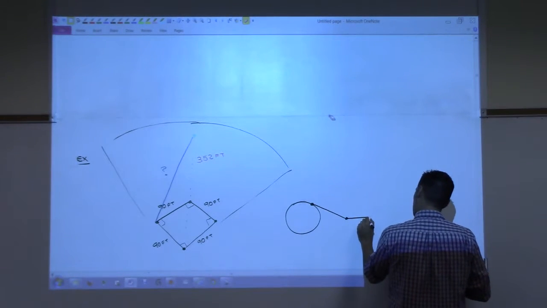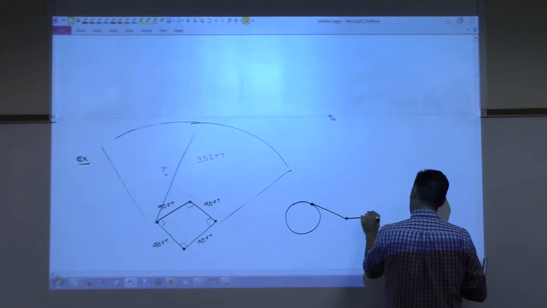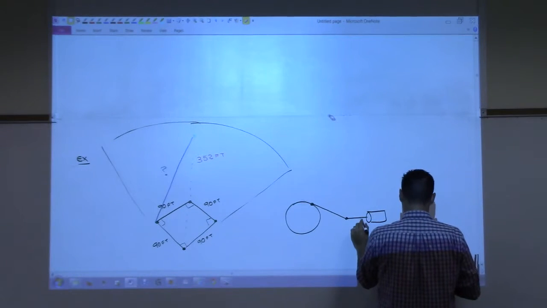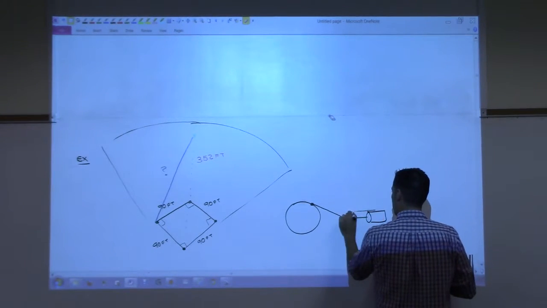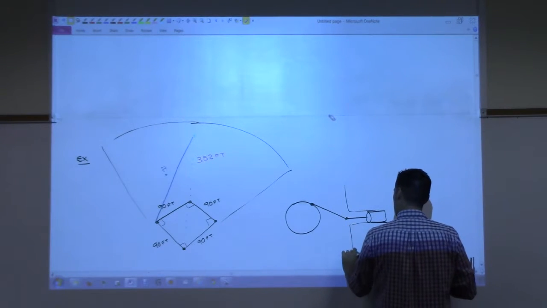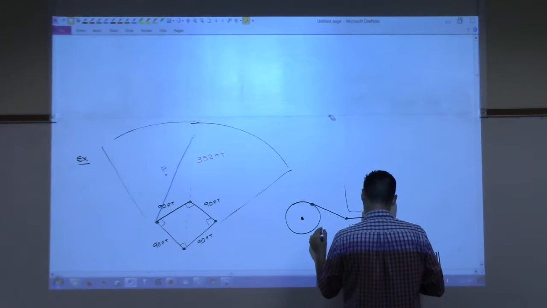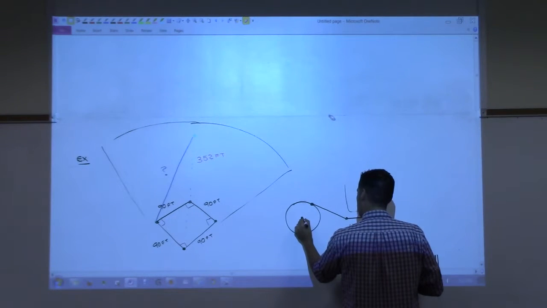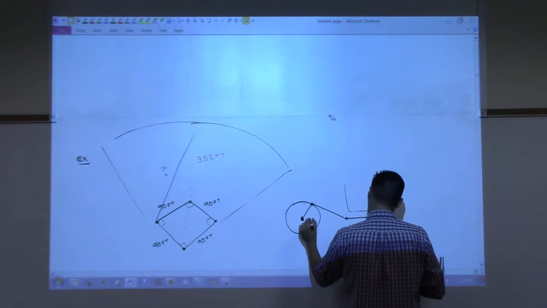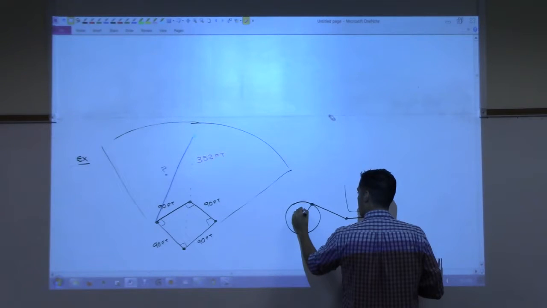So you actually know right here, this is 135 degrees. We know the length of this, so we know 135, we know the side. We need to figure out this distance right here, because then we can subtract it from this one, and then we'll have a value.